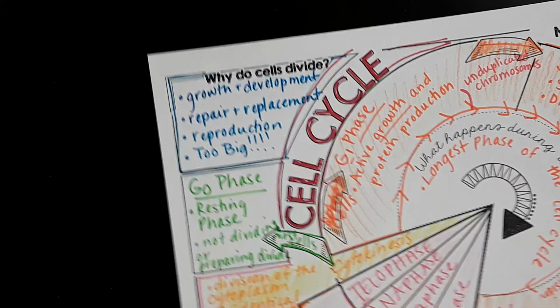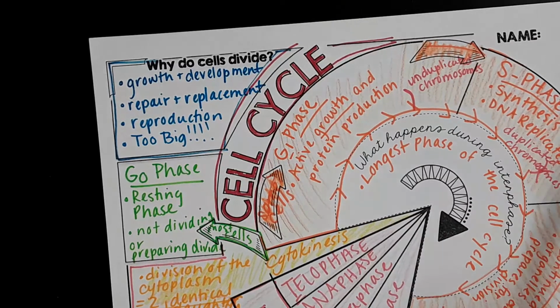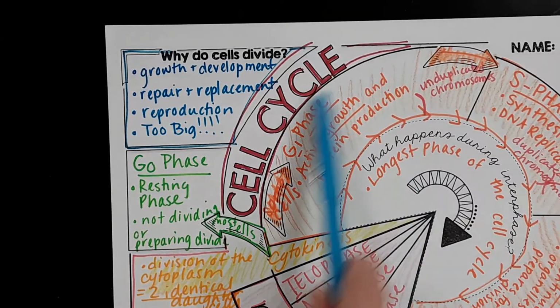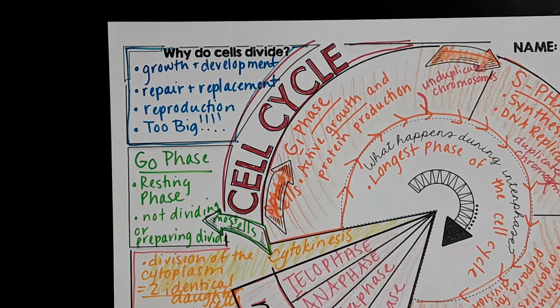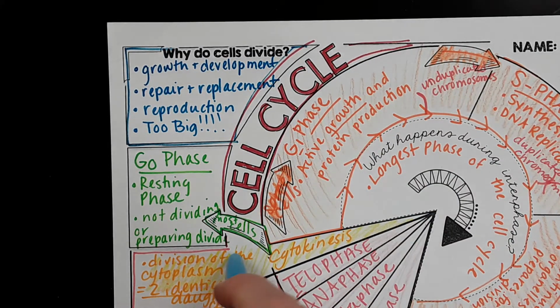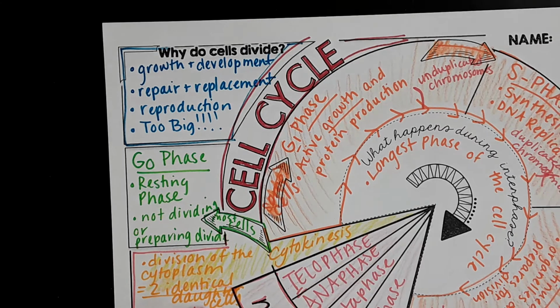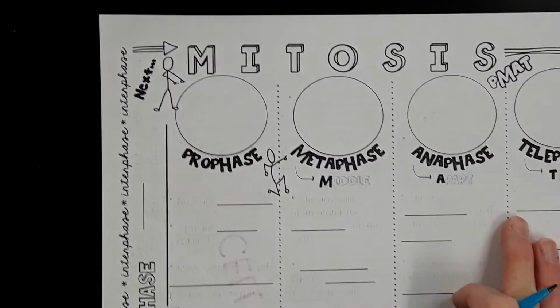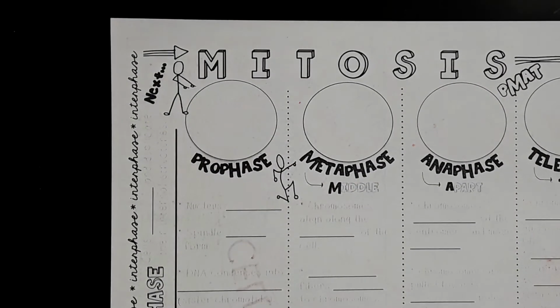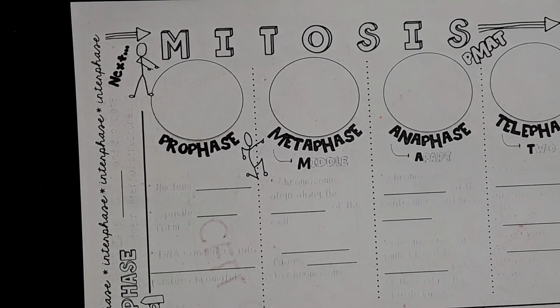So this is the cell cycle. The longest phase here is interphase, mitosis is the division of the nucleus, and cytokinesis is the division of the cytoplasm. This is the basic overview. On the back, we are going to get into the nitty-gritty details, but you guys want to pause and then click on the second video for mitosis.